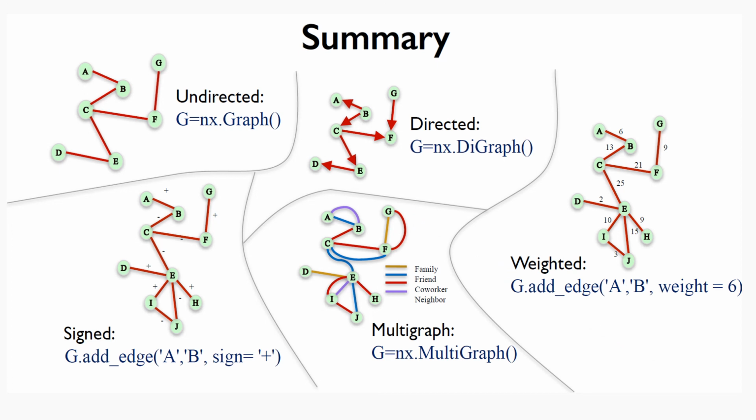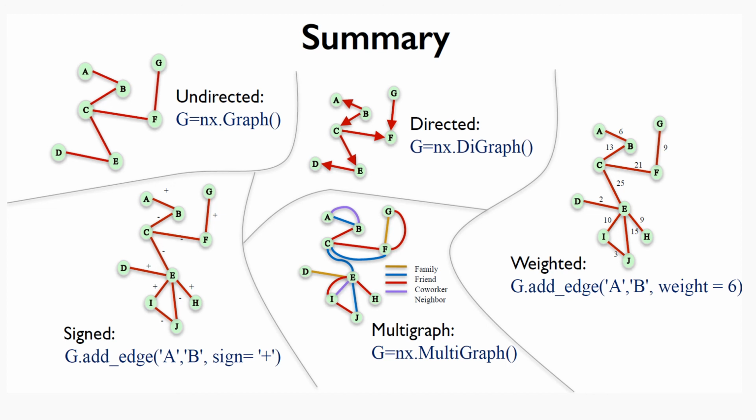Okay, let us summarize what we have studied so far. There can be several types of graphs. First is the undirected graph, which is basically a simple graph. Another is the directed graph, which we call digraphs, or directed networks. We use the digraph function to create such networks.